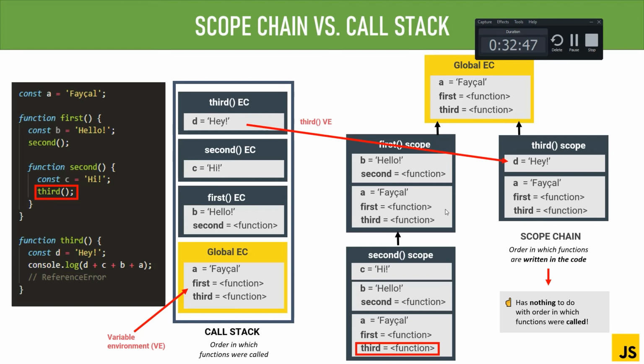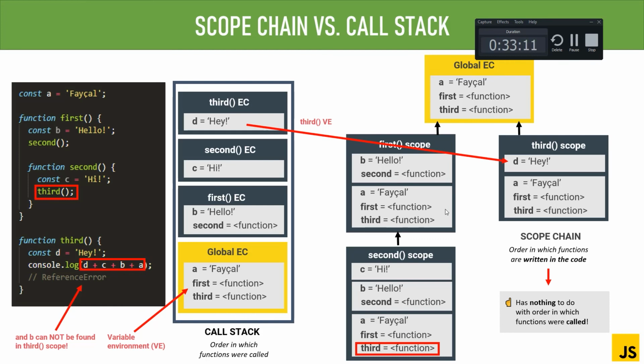Well, we are trying to access variables B, C, D, and A here. D is no problem because it's right there in the third function scope. So that's one, it's easy.